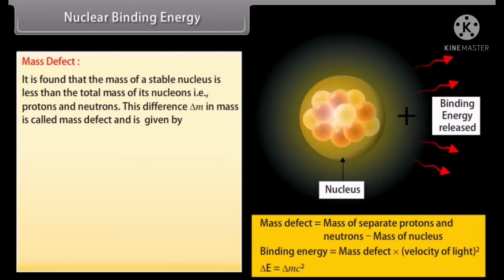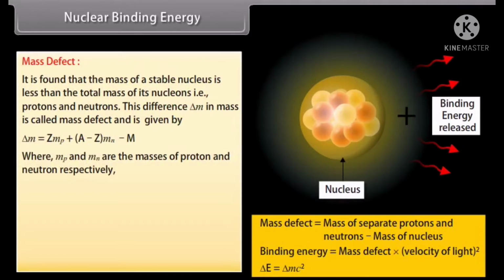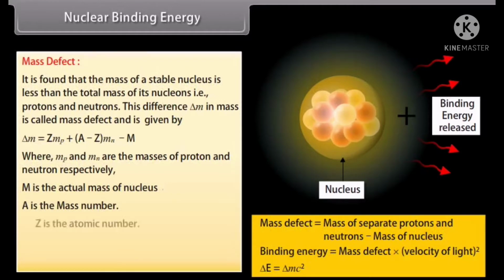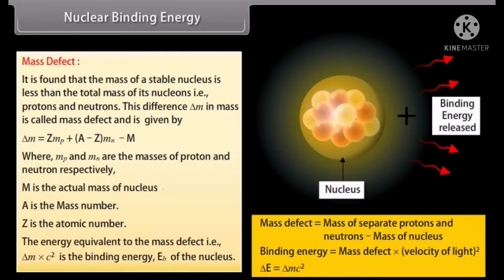This difference Δm in mass is called mass defect and is given by Δm = [Zmp + (A − Z)mn] − M, where mp and mn are the masses of proton and neutron respectively, M is the actual mass of nucleus, A is the mass number, and Z is the atomic number. The energy equivalent to the mass defect, that is Δm c², is the binding energy, EB, of the nucleus.